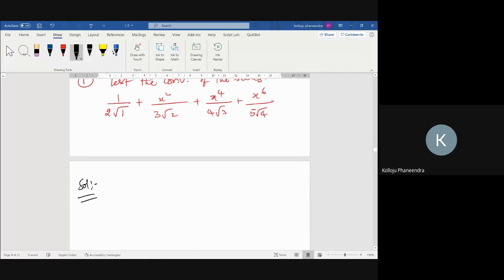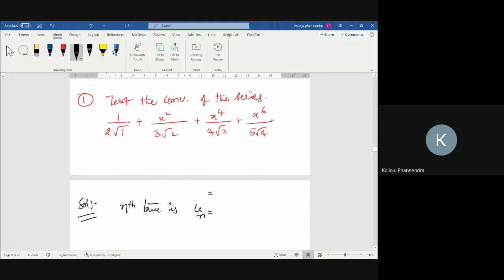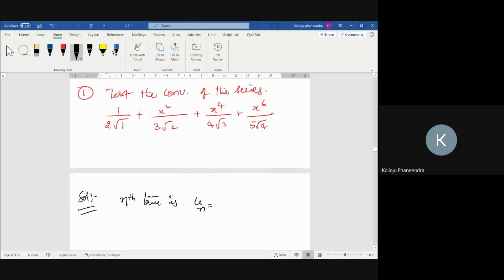What is the nth term? The first term, 1, is nothing but x power 0. I'm writing only the numerator.